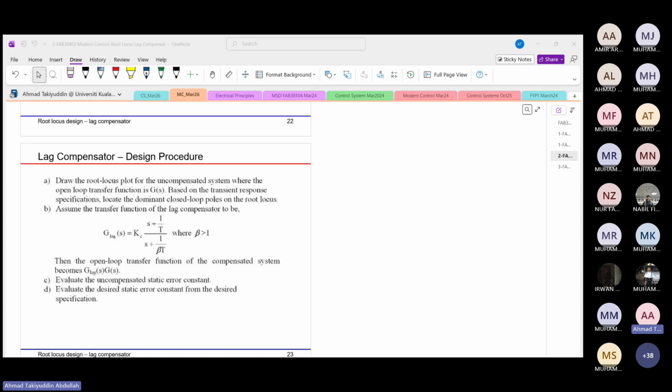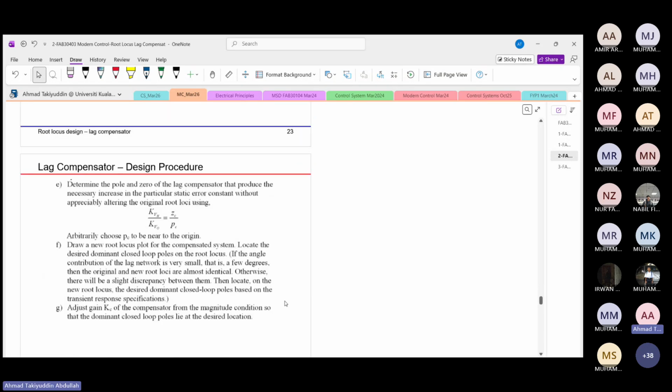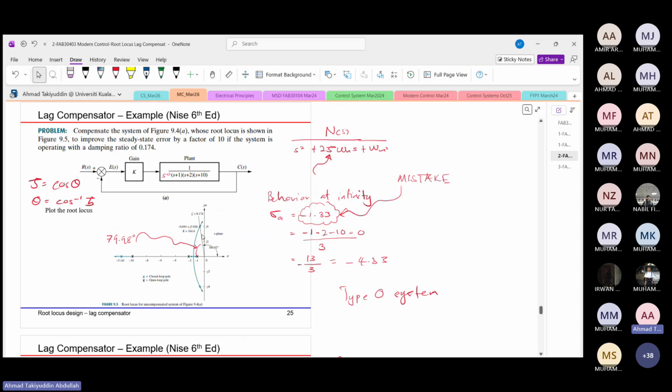The dominant pole will be the point of intersection of the zeta equal 0.174 line with the locus that you have plotted.